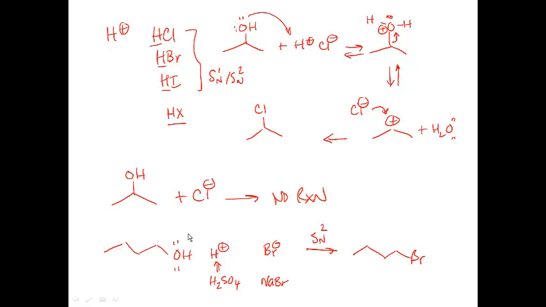In this case, we could have used H plus Br minus, but we instead used sulfuric acid and sodium bromide. But I did an SN2 reaction. Why was it SN2? Because there's no carbocation intermediate, because this is a primary alcohol. So I protonated my OH, my Br minus came in and kicked off the water molecule to give me my final product.